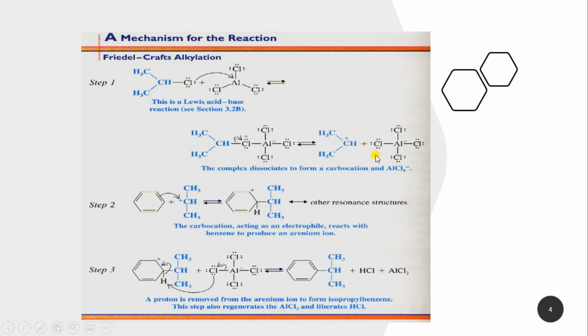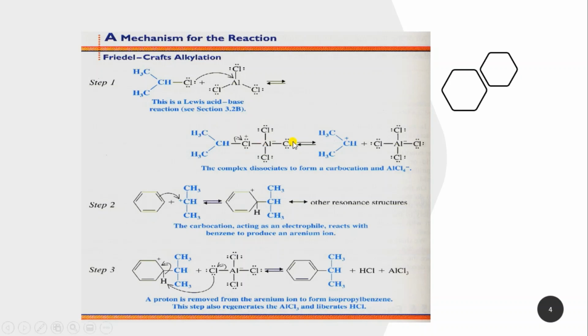Now in order to subside this positive charge, there are two options left. Either the chlorine regains the electron pair from the aluminium side or from the alkyl side.